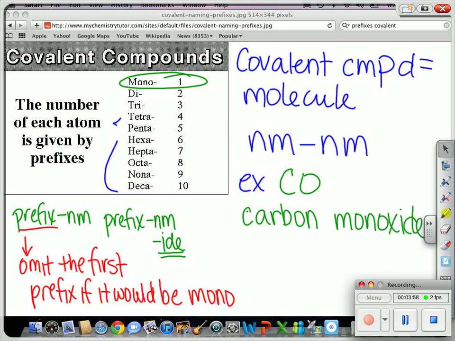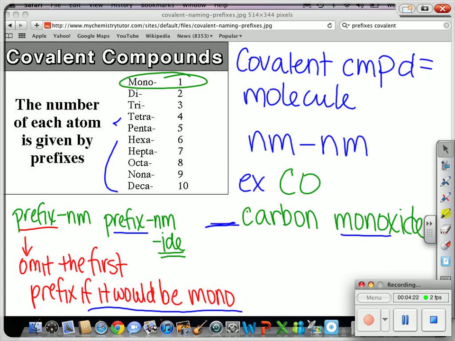So the only time I leave off this first prefix is if there's only 1 of it. Okay, now notice I do use the mono for the second prefix that appears, but for the first prefix, I'm going to go ahead and leave that off. Okay, so that's a pretty simple way, with our one exception, of how you go from a chemical formula to a name.